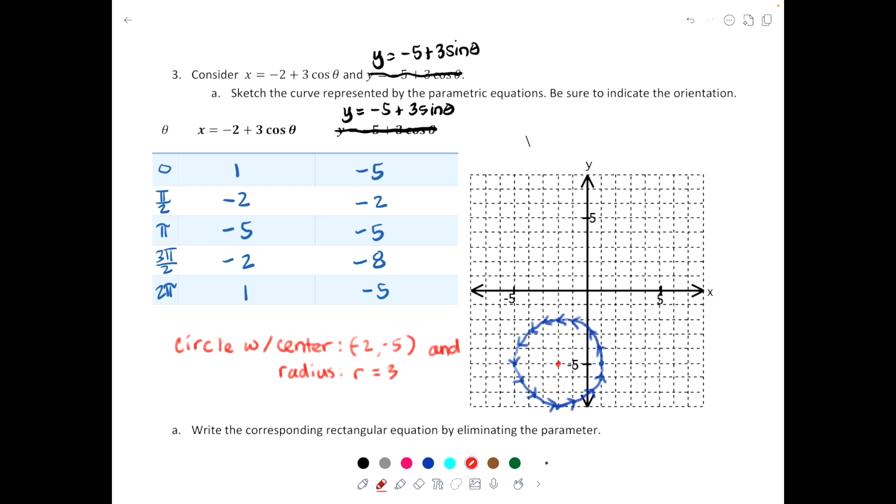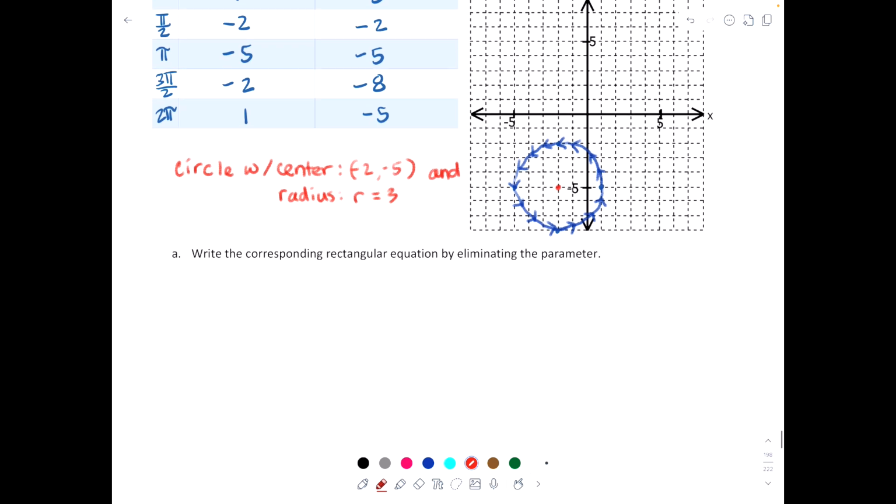Groovy? All right, let's see if we can find that from eliminating the parameter. Oftentimes when you have the sine and cosine function, you might need to use a Pythagorean identity.